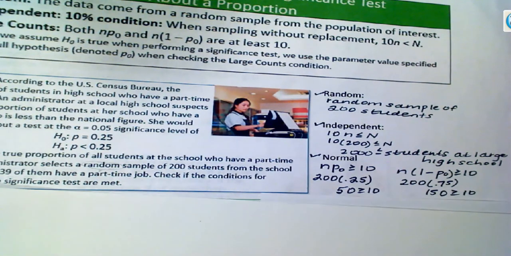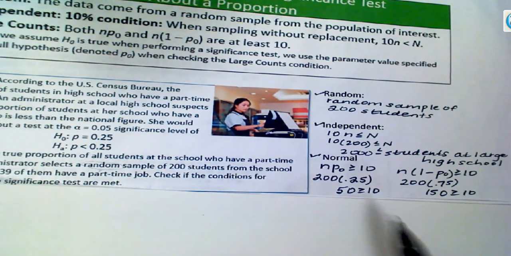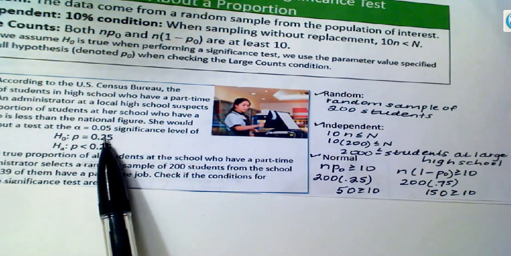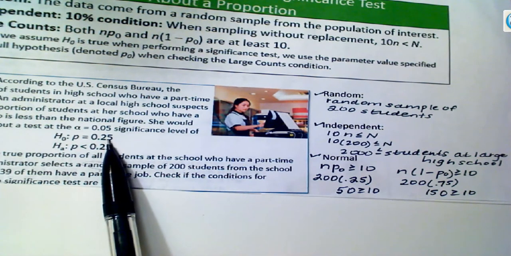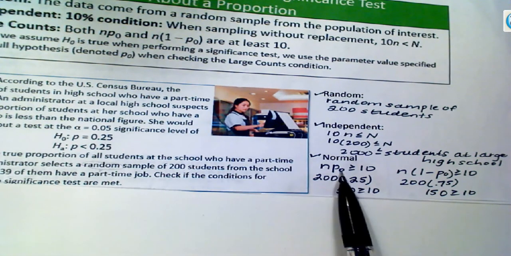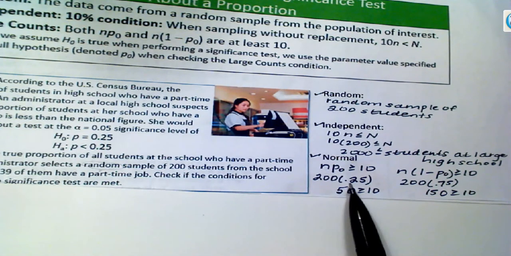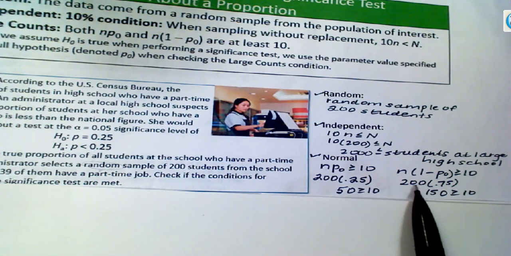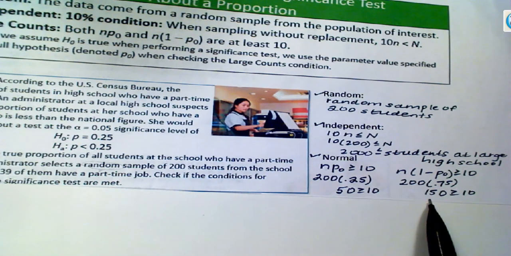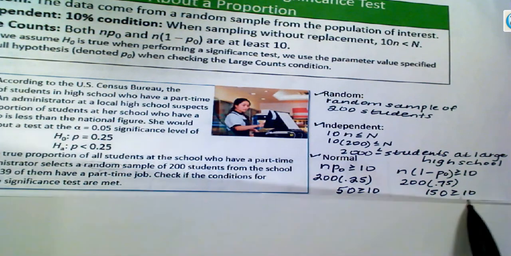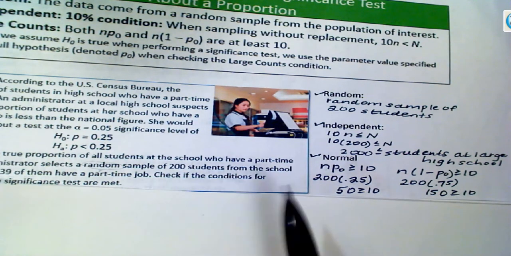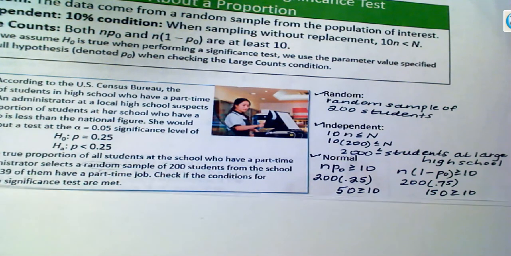When checking this condition, you always use the number in your hypothesis statement, so you use 0.25 for your p naught. 200 in the sample times 0.25 is 50, which is greater than or equal to 10, and 200 times 0.75 is 150, which is greater than or equal to 10. On that problem we were just checking the conditions. You do need to do that every time you perform a significance test.